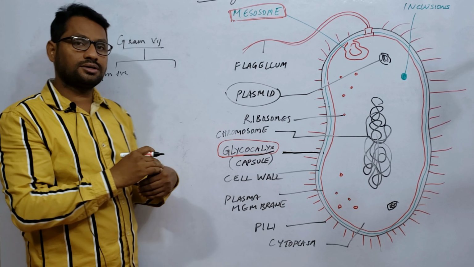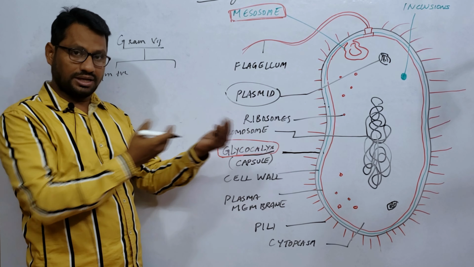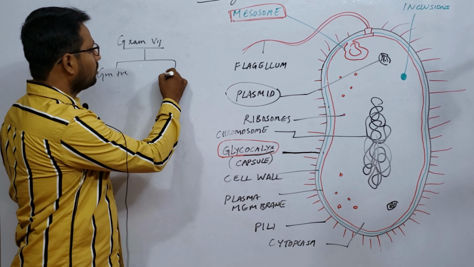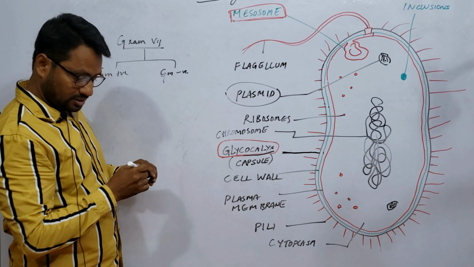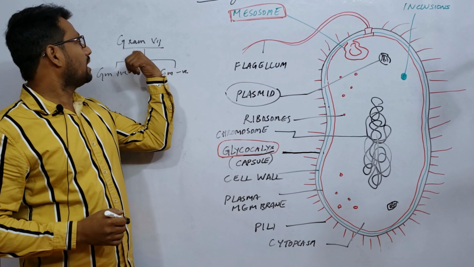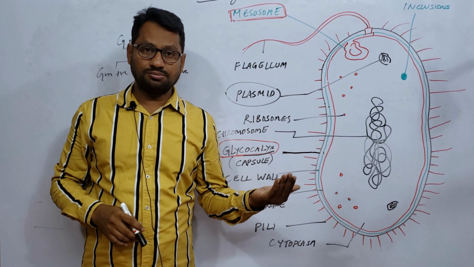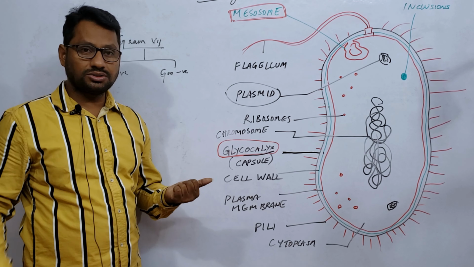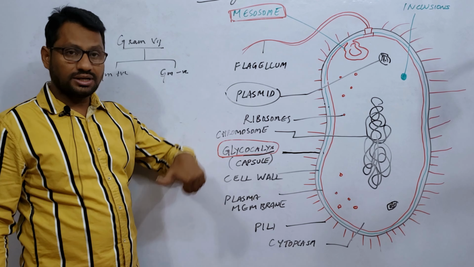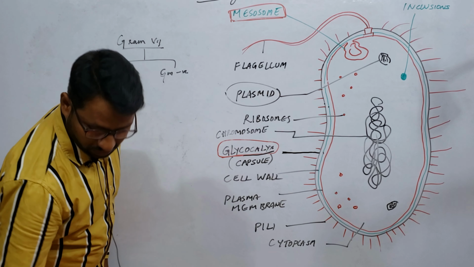If the bacteria do not take the stain, they are called gram negative bacteria. So, Gram is the scientist who developed the staining procedure, and the bacteria which take the staining are called gram positive bacteria, and the bacteria which do not take the staining are called gram negative bacteria.